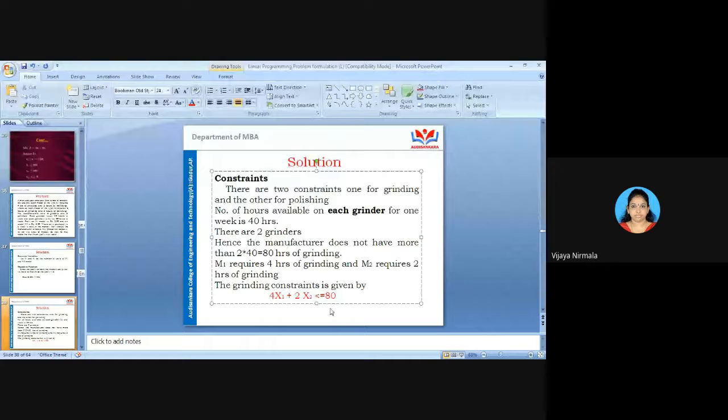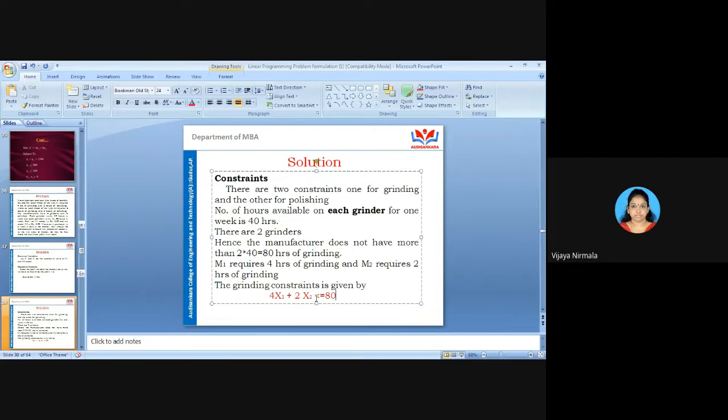You may ask me, madam, in the problem they have not given exactly, nor more than. Nothing is given, so it is less than or equal to. If they want to give equal to, they will say exactly.